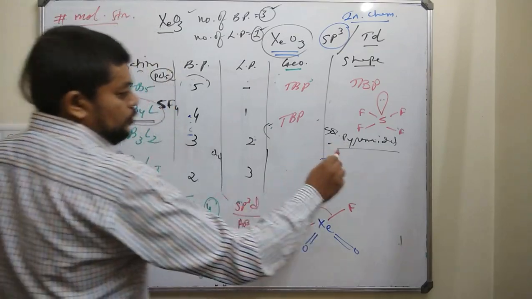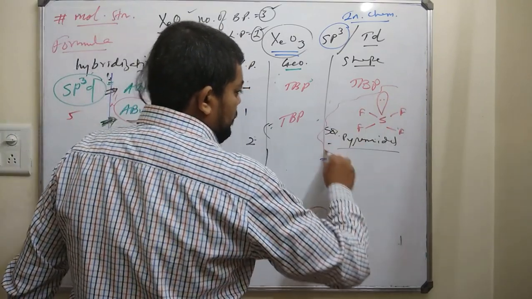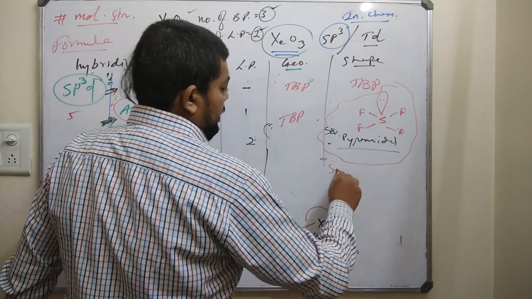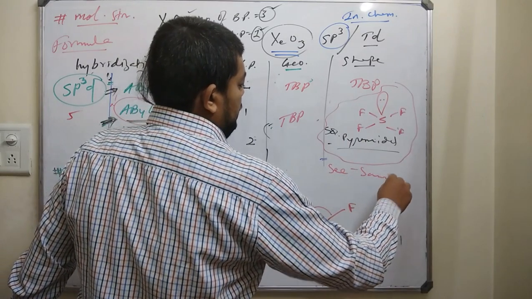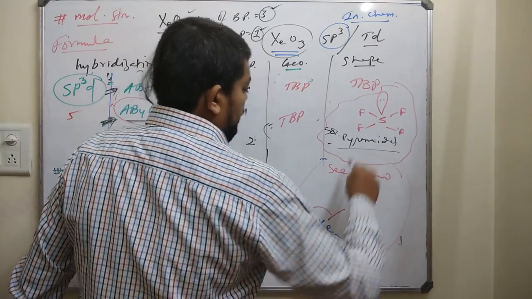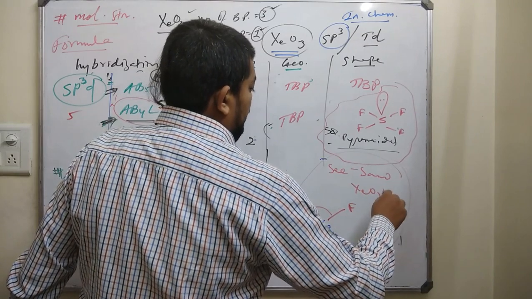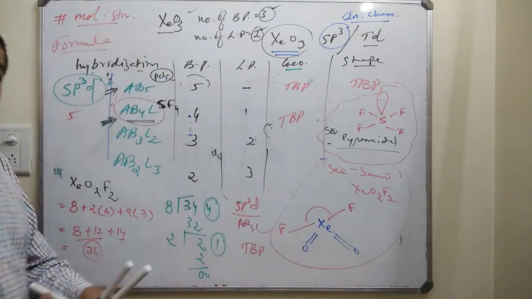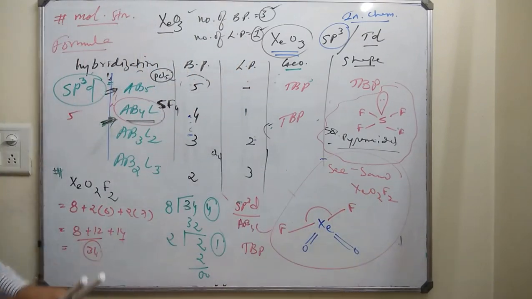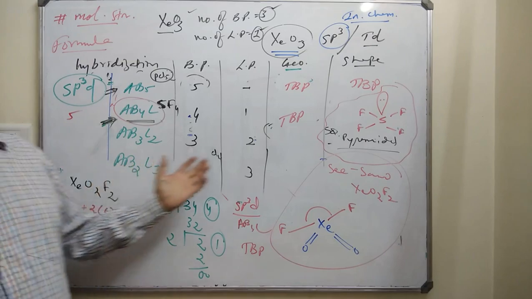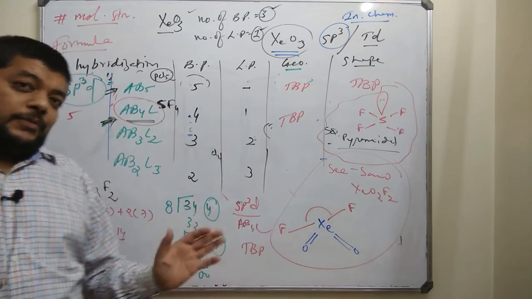So the square pyramidal shape relates to SF4 and the seesaw relates to XeO2F2. So friends, you can see the complete horizon of the subject over here, that just a change in the atoms helps you get a totally new shape for a molecule.